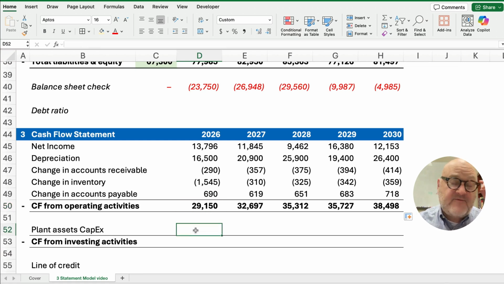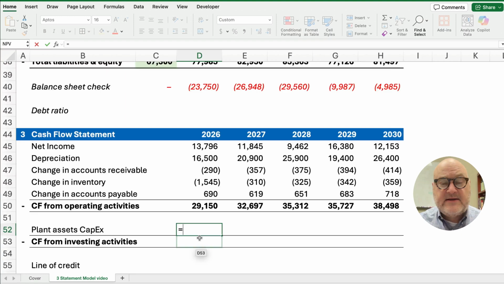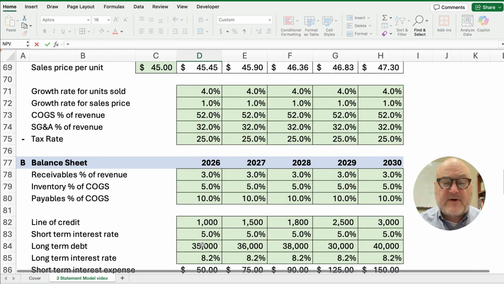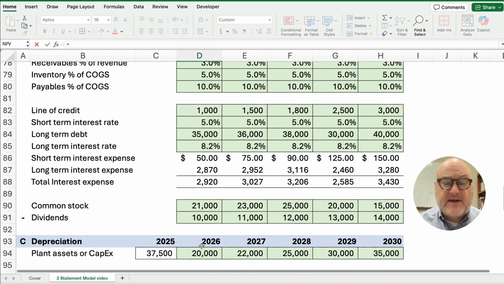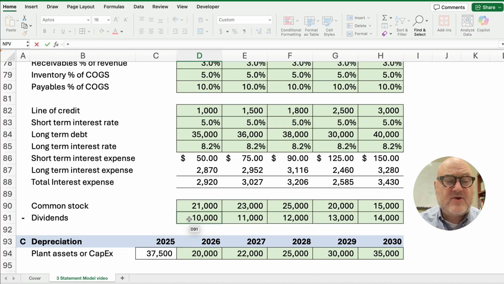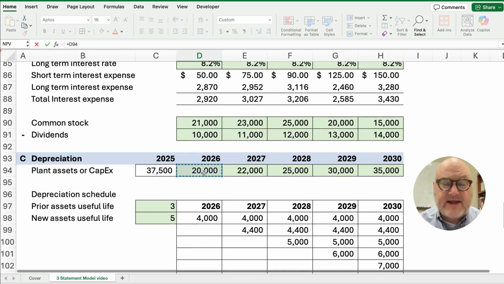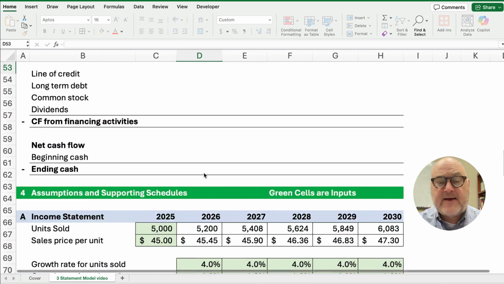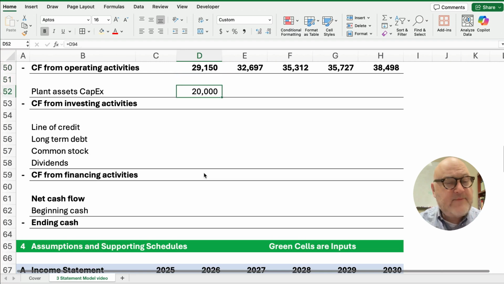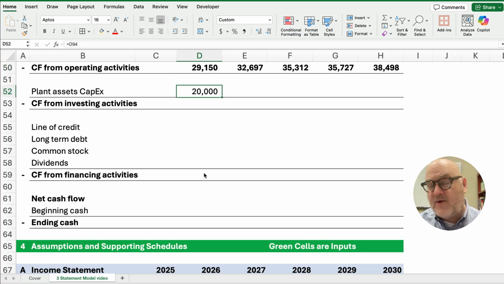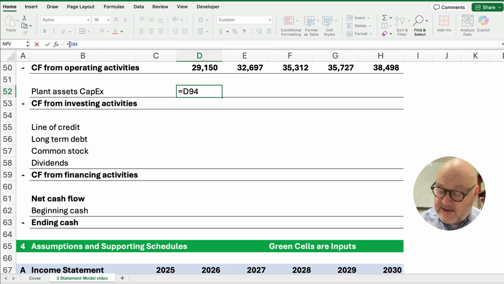Now, what did we pay for capital expenditures, or what did we pay for plant assets? Well, we know this number already. Each year, remember this is part of our assumptions, it's going to be 20,000. Now let me ask you this: are they paying us to buy the truck or the equipment? No, we're paying them to buy the truck or equipment. So therefore our cash goes down. So this is a minus.